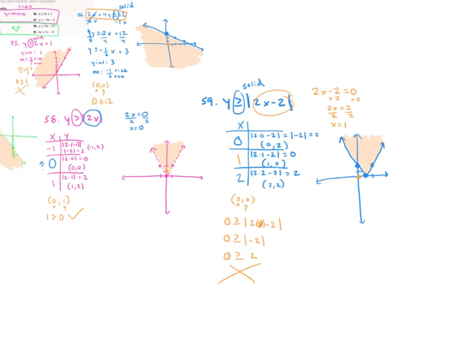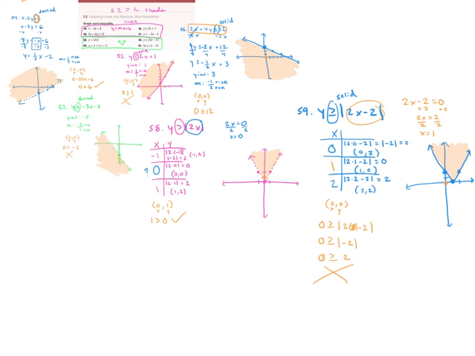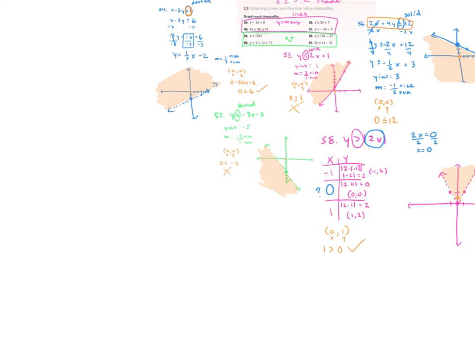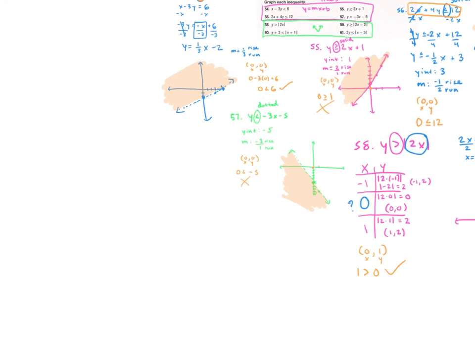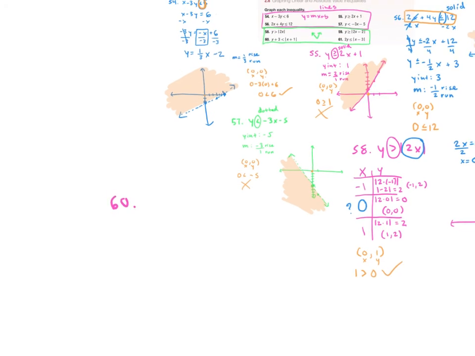All right, let's look at 60. So 60 is y plus 3 is less than the absolute value of x plus 1.